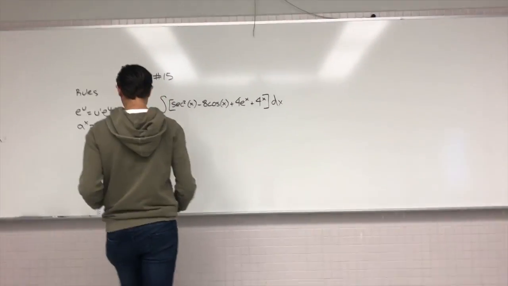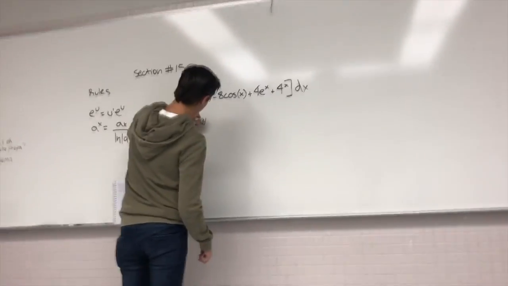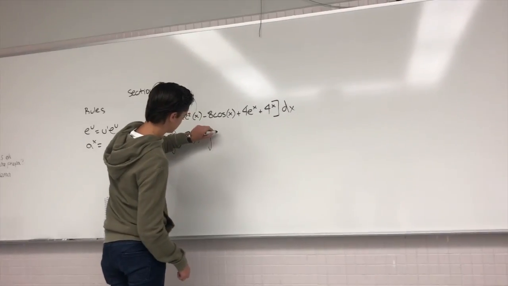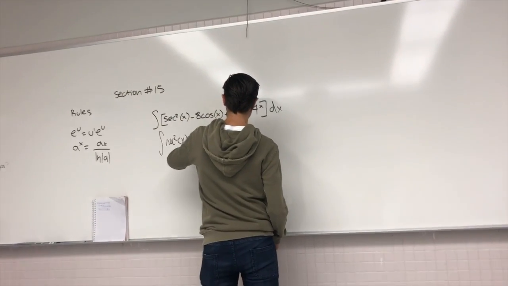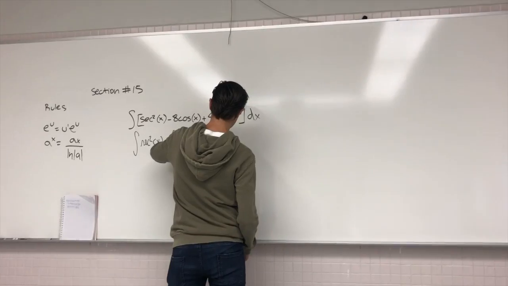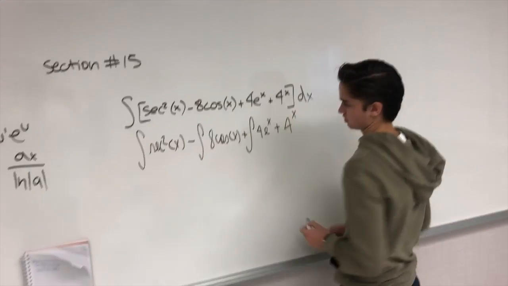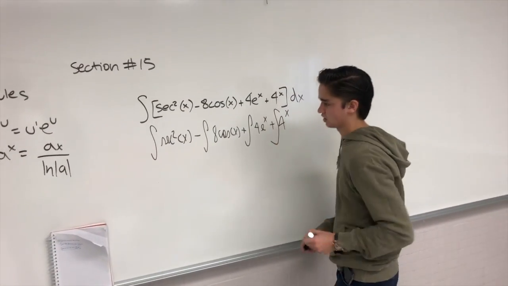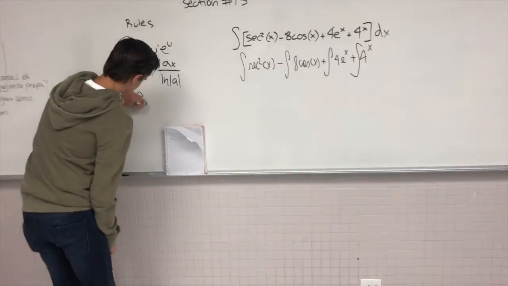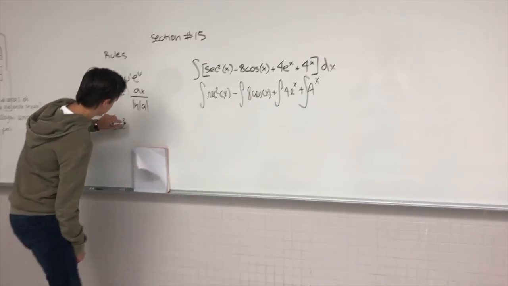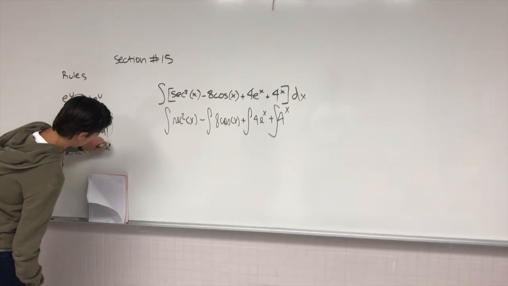Hello. At first you need to put the sign of integral in each part of the problem. And then we have a rule that the integral of secant squared of u is equal to tan of u.